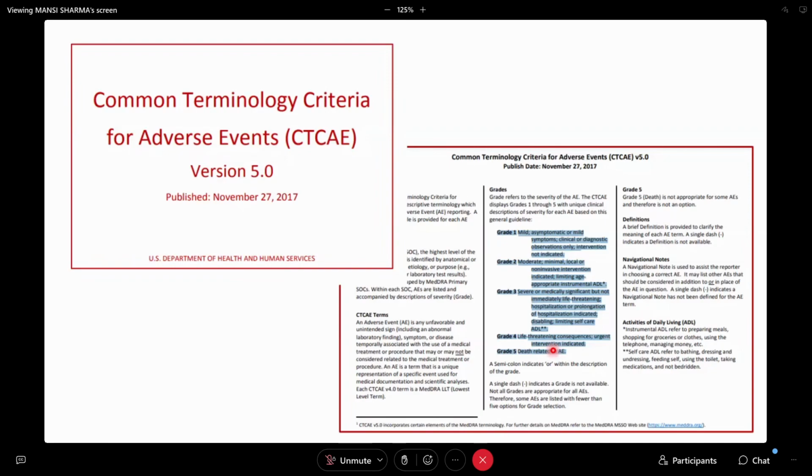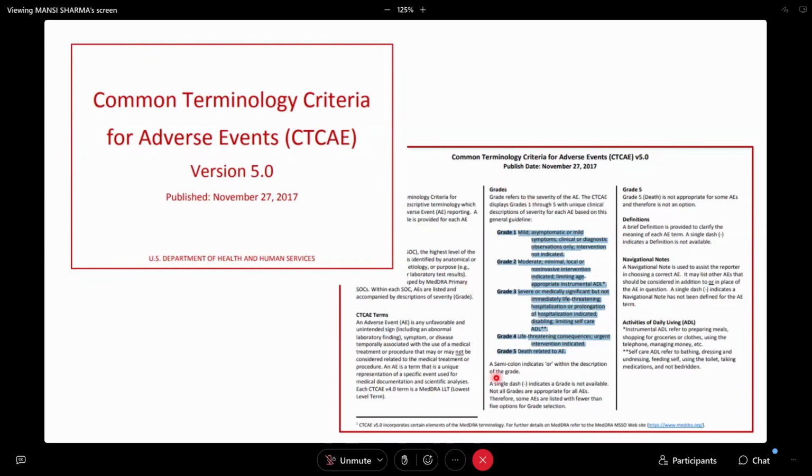Grade 4 is life-threatening consequences where you need urgent intervention, and grade 5 is death related to adverse events. Sometimes grade 4 toxicities may not be life-threatening, like neutropenias or decreased platelet counts, thrombocytopenias, but the grading is grade 4 according to them.